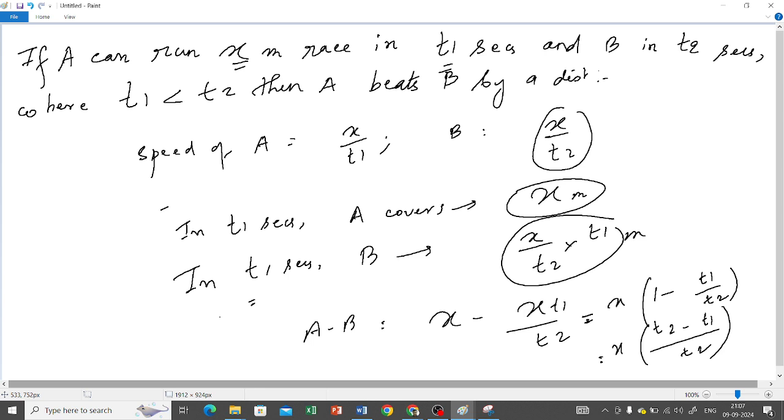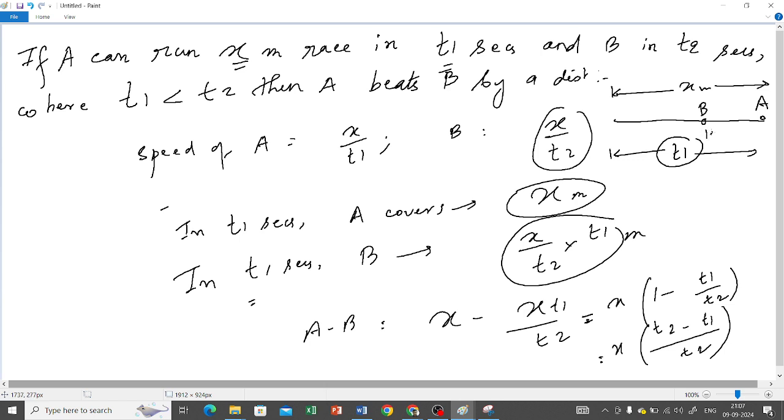If you visualize, this is the racetrack. When A is over here, B is over here, and this whole thing is happening in t1 time, because the length of the race is x meters. So A is going to complete this whole race in t1 time only.